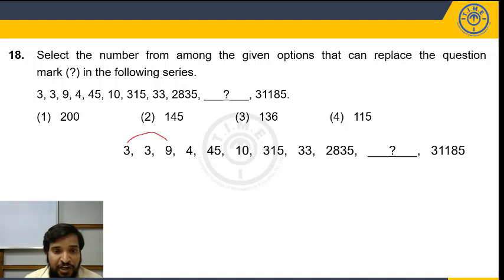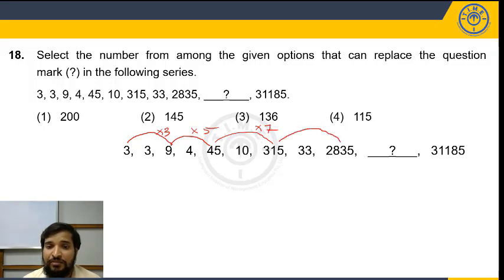If you observe 3 to 9, it is 3 times, and 9 to 45, 5 times, and 45 to 315, it is 7 times, and 315 to 2835, 9 times, and 2835 to 31185, 11 times. Product of odd numbers.